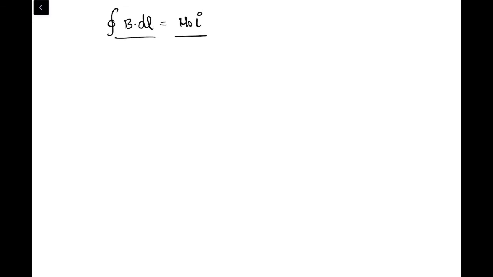Now if you remember Gauss theorem, magnetic field over a closed surface, closed integral B dot ds, that is 0. Over a closed surface, the magnetic field will be 0. So we don't have much use for Gauss law, because every time you get the answer 0.